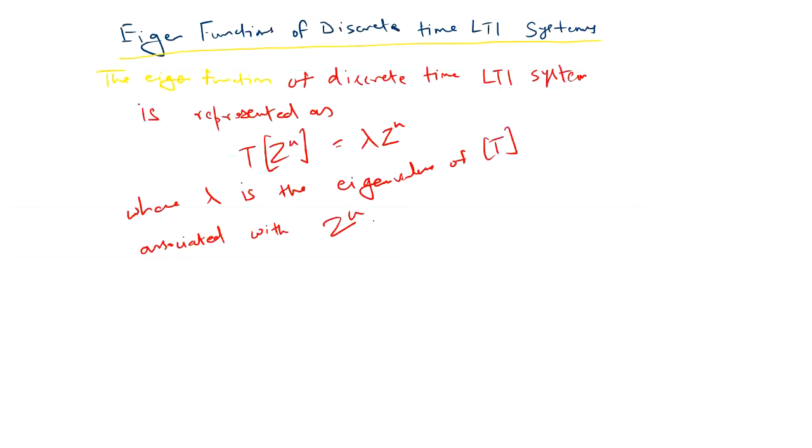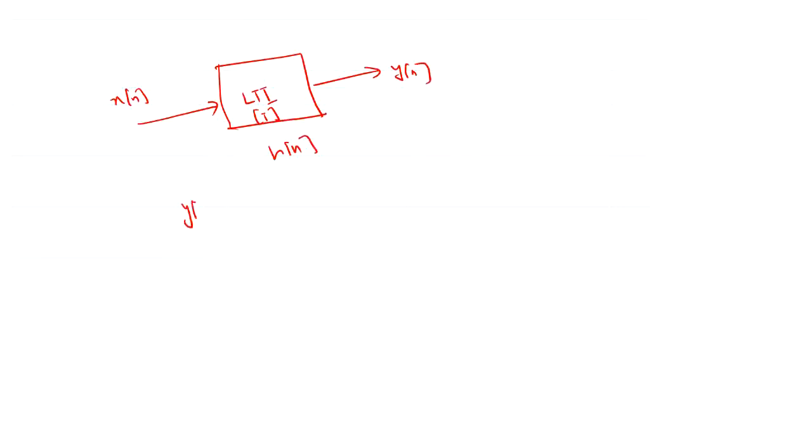Let us recap the LTI system. We have the input x[n], then this is our LTI system, and we are getting y[n], where the impulse response is h[n]. So y[n] is nothing but the transformation, the system operator, with x[n] as the input that we are applying.